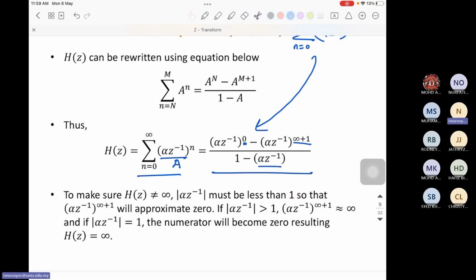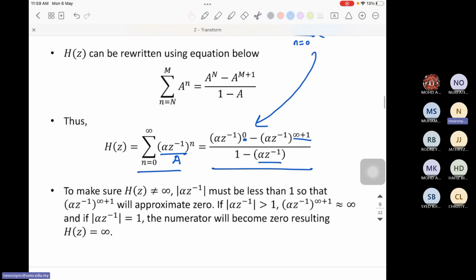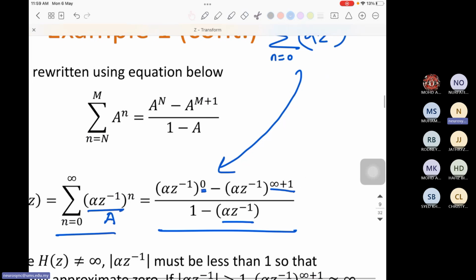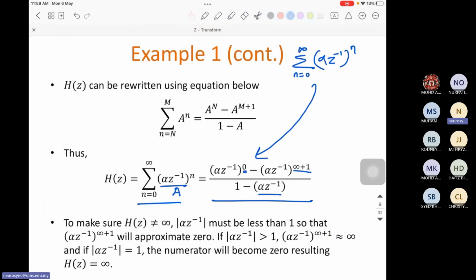If it is less than 1, then this term to the power infinity plus 1 will be very small, approximately equal to 0.